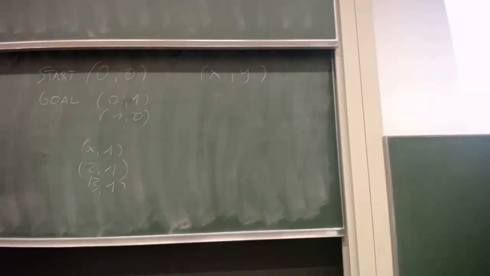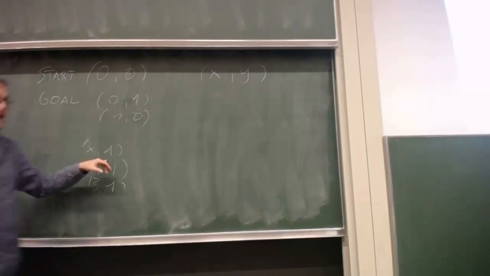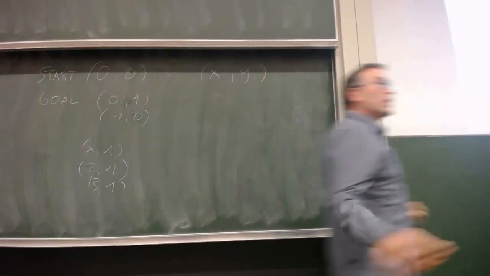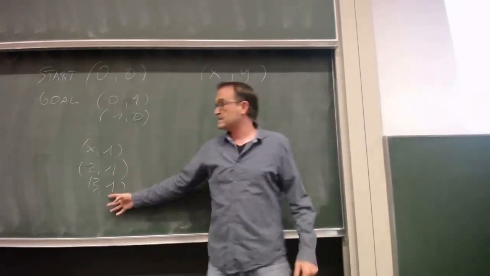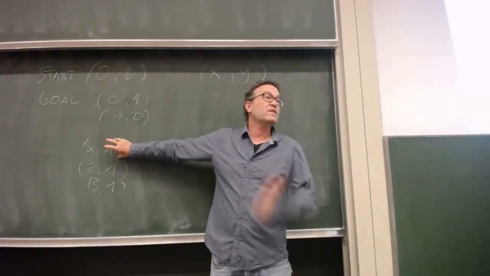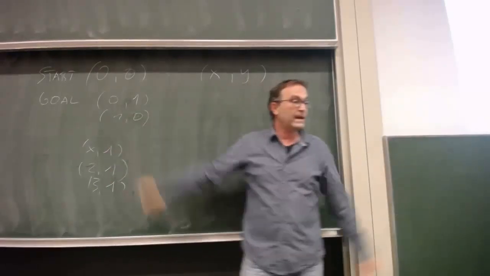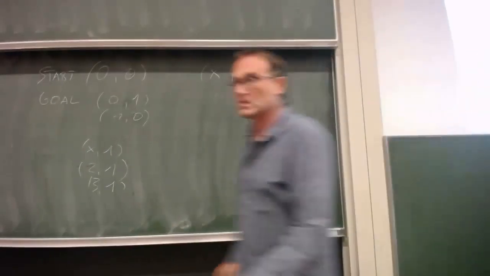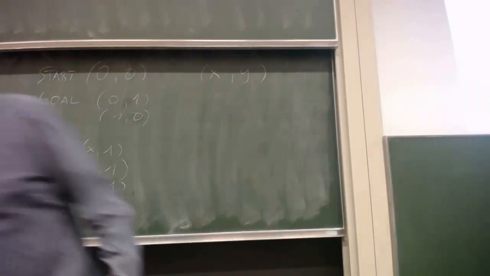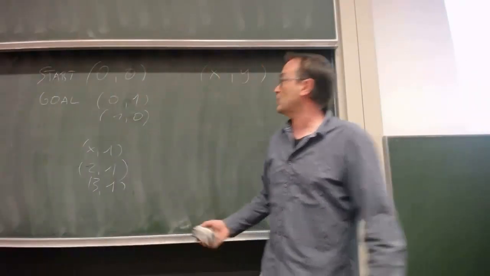So the only question I have asked is, can I have 1 liter in one of the jars? It doesn't say anything about how many liters in the others are. So we have many of those goal states, and we can abbreviate them with the variable x1. Yeah? So what are now the transitions? What are the actions that I can take? And how would you write them down in a mathematical way?